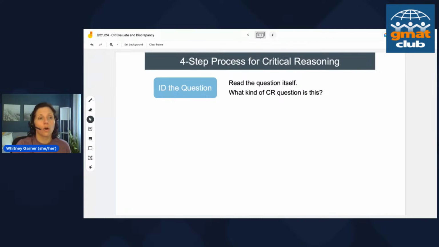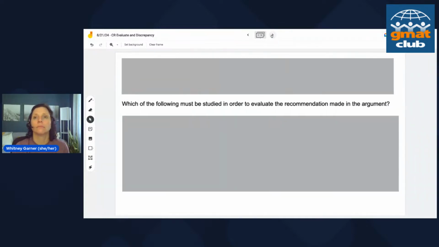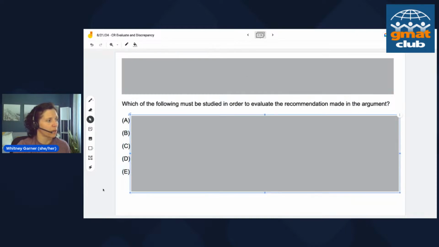So we're going to go to the middle of the screen typically, and we're going to ask, okay, what is the question asking us to do? So step one, we are going to identify the question. What kind of CR is this? The question we're about to work on, this is the question. There'll be an argument at the top. There'll be 5 answer choices at the bottom.